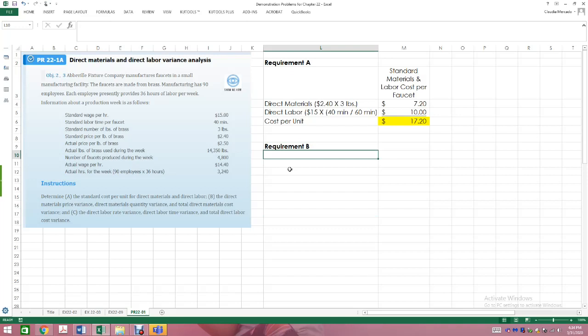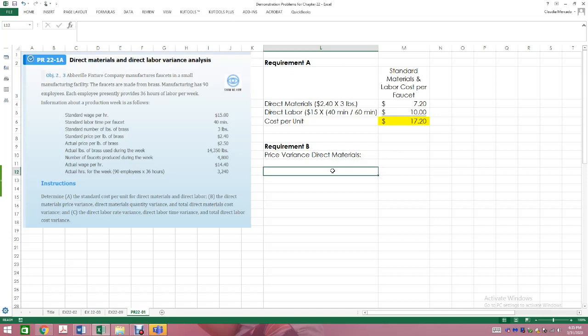So the first one we have is the price variance. My price variance for direct materials, and that's going to be your formula.